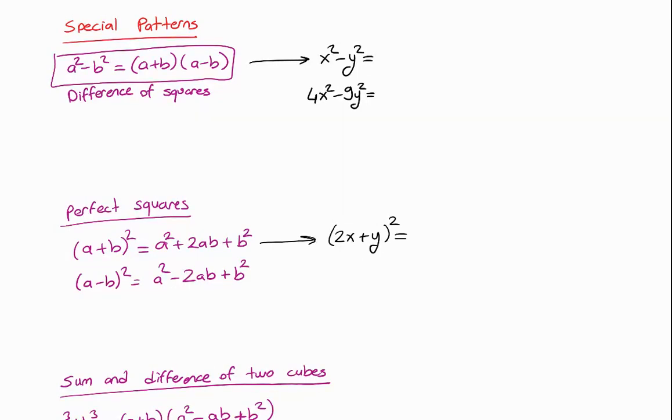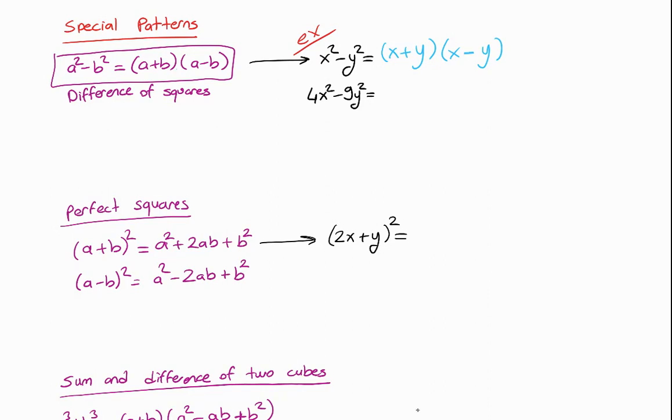So let's do examples. If I have variables x and y, how can I write it? I should write it x minus y, x plus y. Or let me write it in exactly the same order as the formula: x plus y, x minus y, same thing.